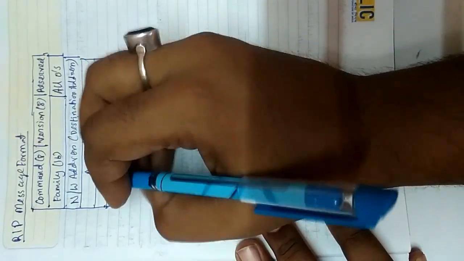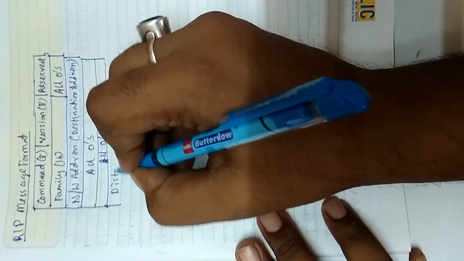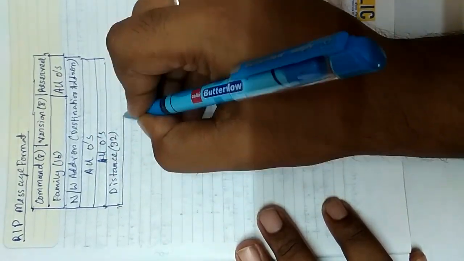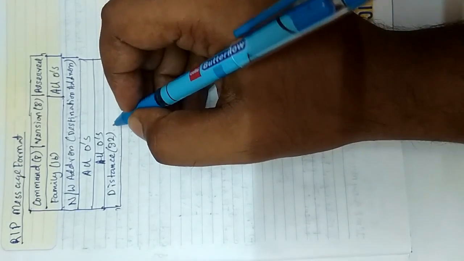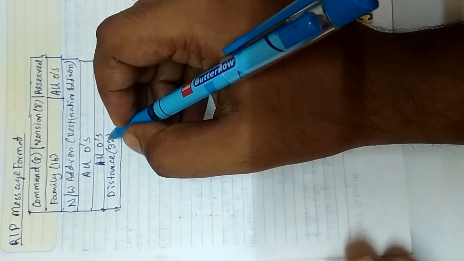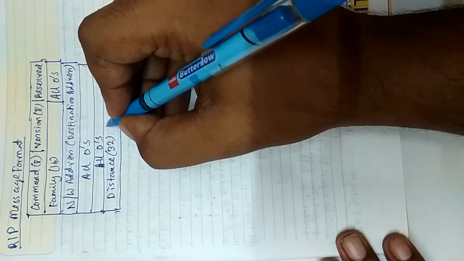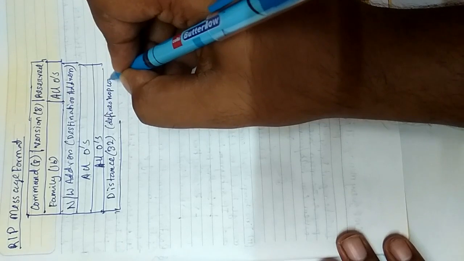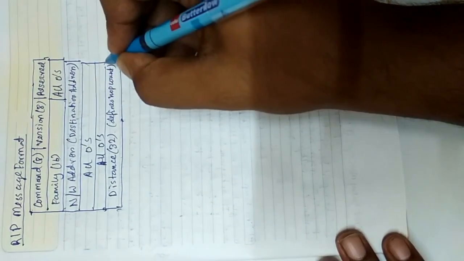And next is distance. It is of 32 bits. And what does distance indicate? It defines the hop count, so you have to remember this.